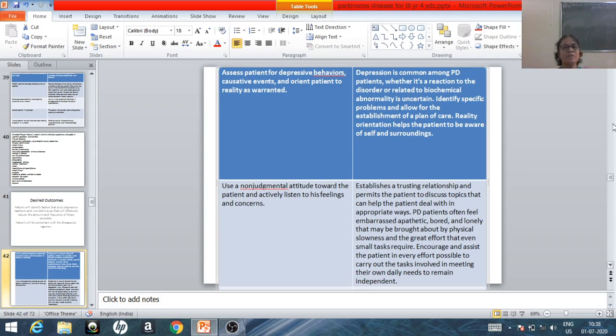Interventions are assess the patient for depressive behaviors, causative agents, and orient patient to reality as warranted.